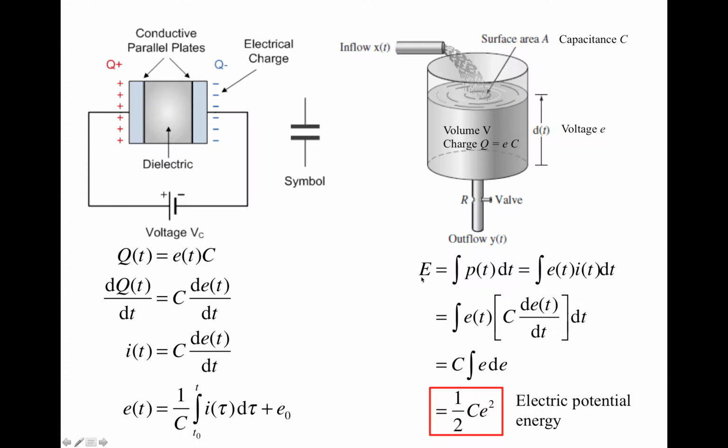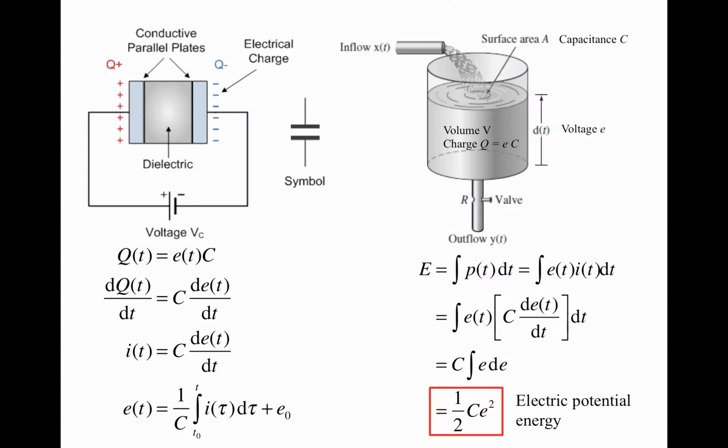So the energy stored in a capacitor is proportional to the square of the voltage across the capacitor. We are comparing voltage with elevation. Elevation is associated with some kind of potential energy.